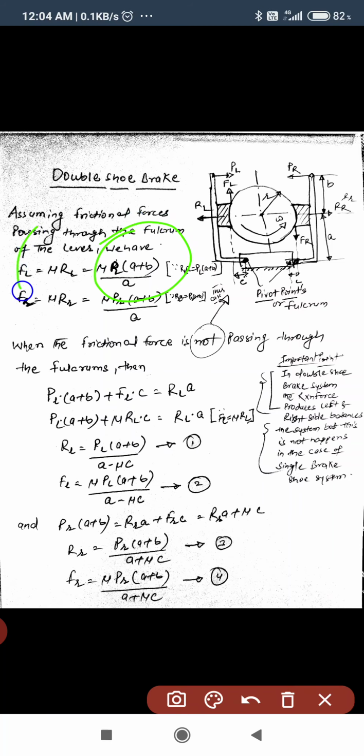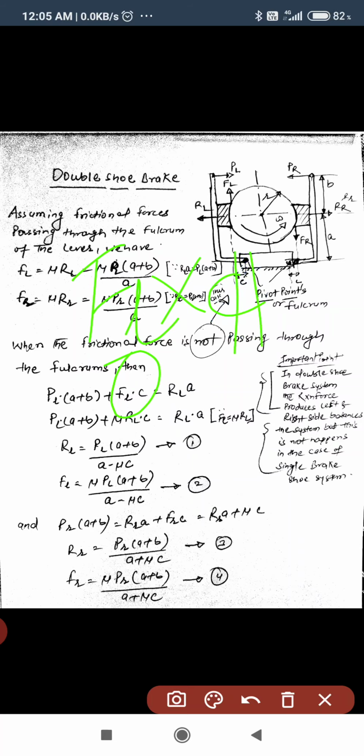Similarly for FR, that is the frictional force on the right side, we will get this value on the screen. So when the frictional force is not passing through the fulcrum, what will happen? Now I am including this frictional force FL into C, because it has some value.